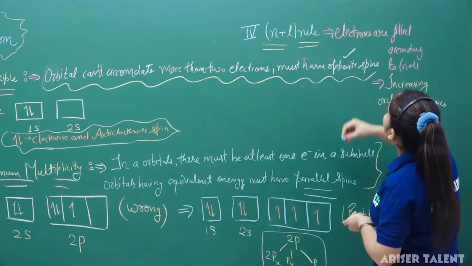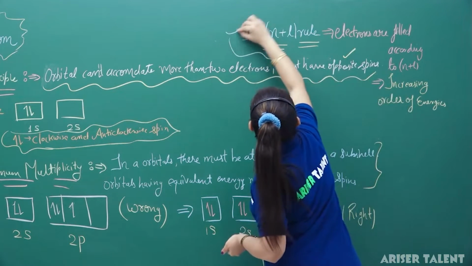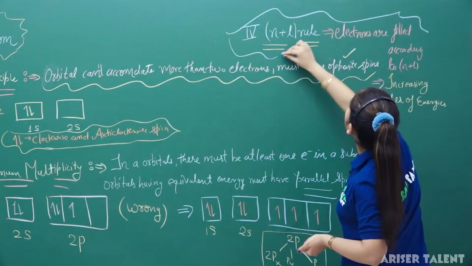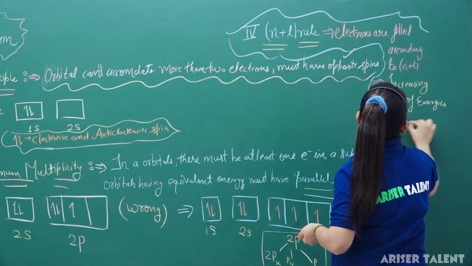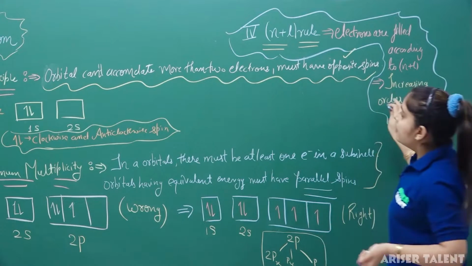So this will be the basic statement for the n plus l rule: electrons are filled according to n plus l, in increasing order of their energies.